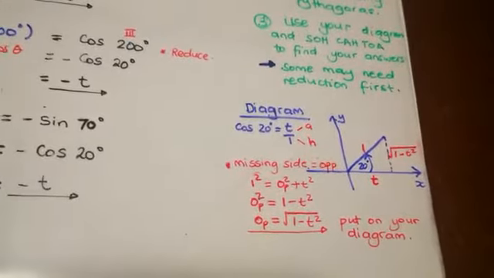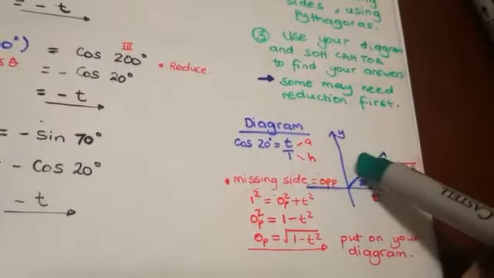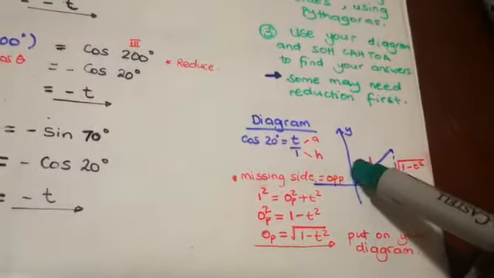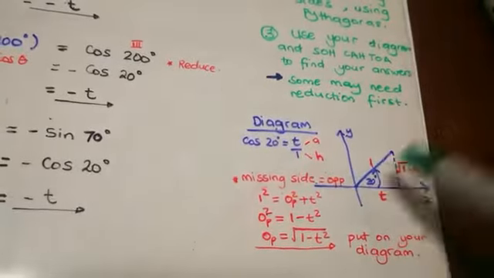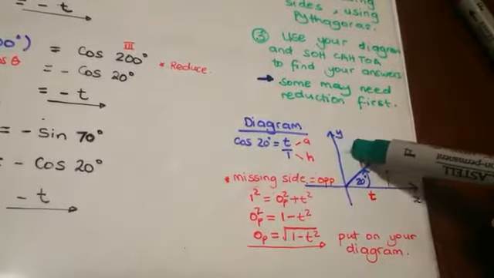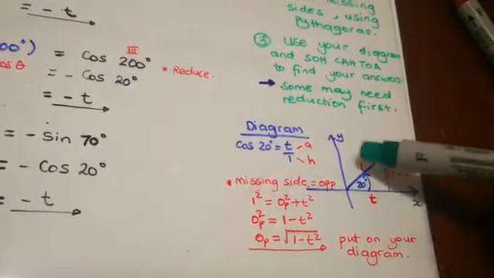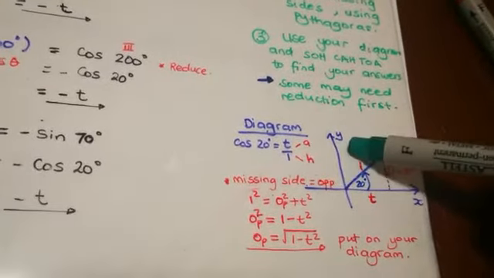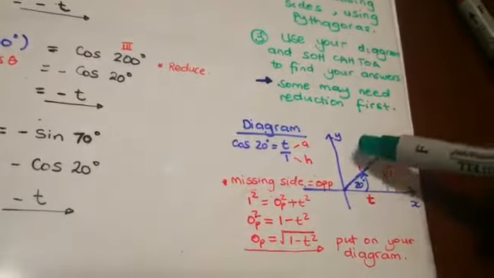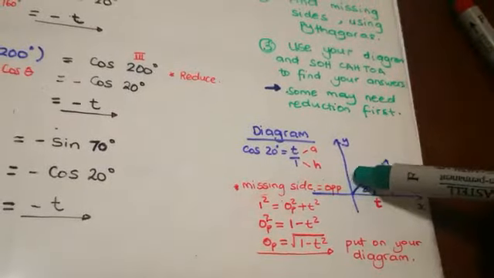Now, we don't have 70 on our diagram. Well, it is there, but it is up here. So that means 70 is this other part that's missing to complete the 90 degrees. So you are not working in this triangle. You are working with this other one that we spoke about that changes the sine to cos, because now what was the opposite becomes the adjacent, and what was the adjacent becomes the opposite if I am now on this triangle where 70 is.